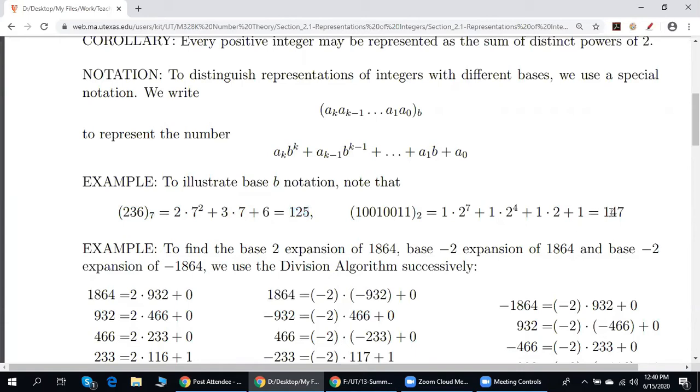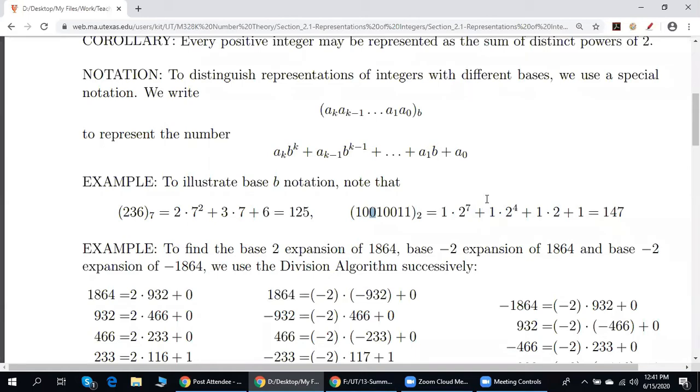Similarly, 147 is equal to this, and again note that each of these numbers is greater than or equal to 0 and less than or equal to 2 minus 1, which is 1. 147 is equal to 1, and now we have 0, 0, because there is no 2 to the 6th power and no 2 to the 5th power.